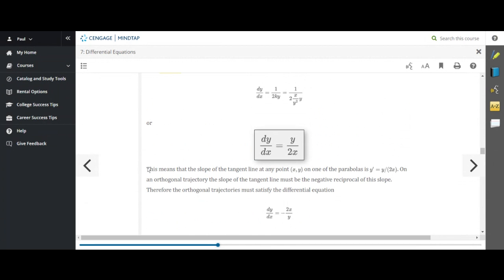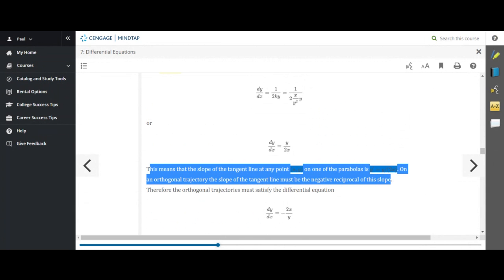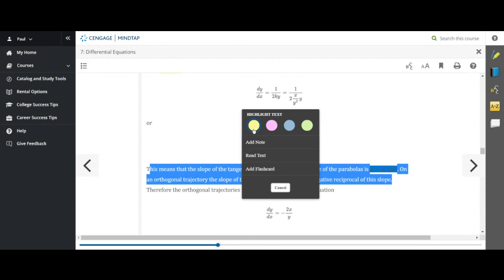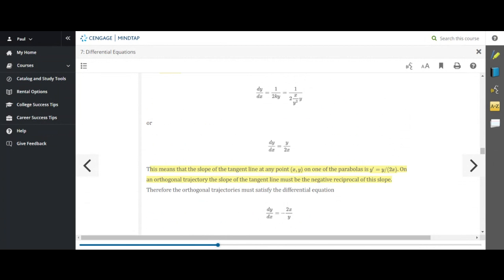But we are interested in the family of orthogonal trajectories to those parabolas. And well, how would we find that? Let's think of it like this. Let me go back to the whiteboard.